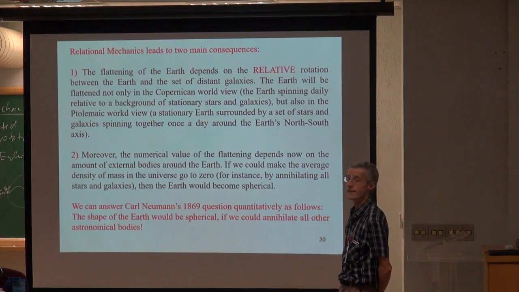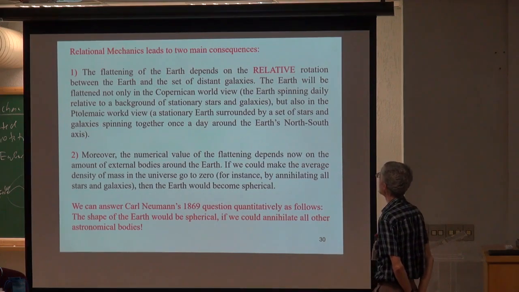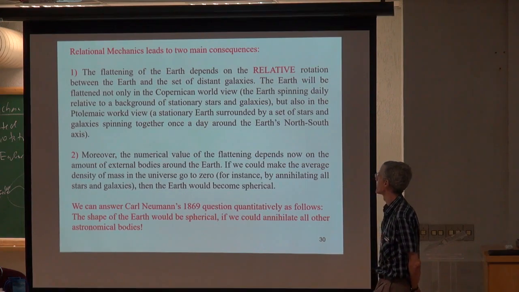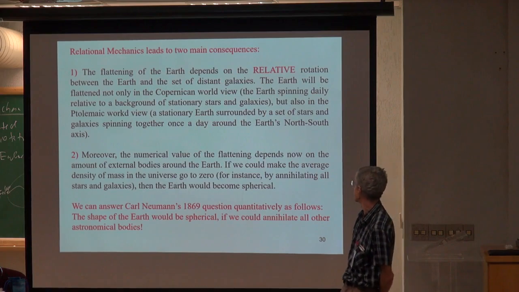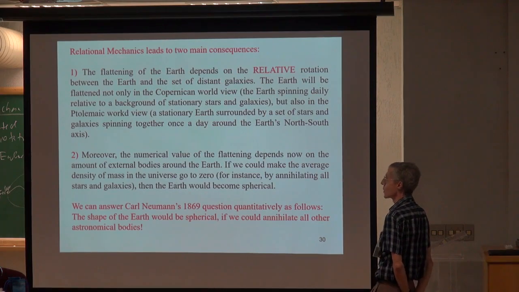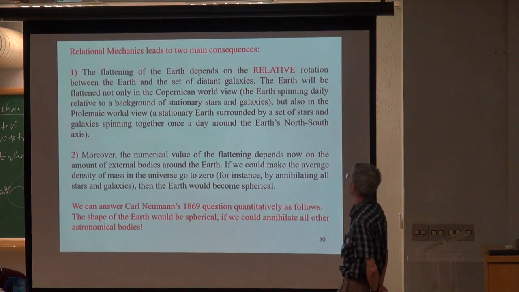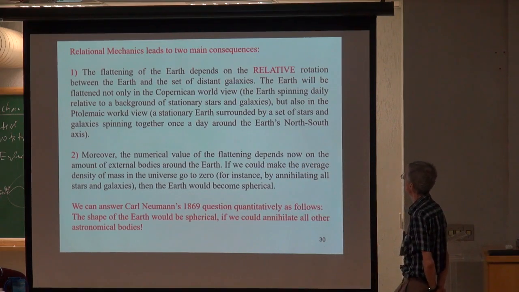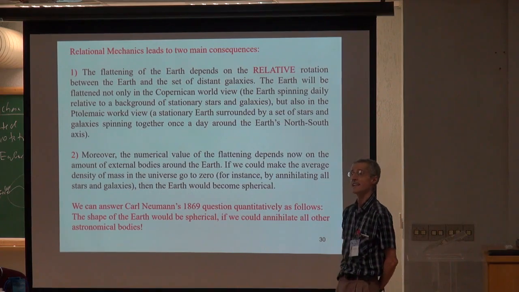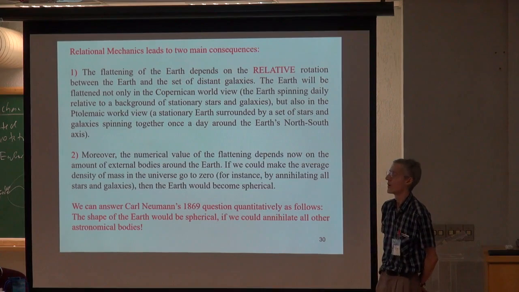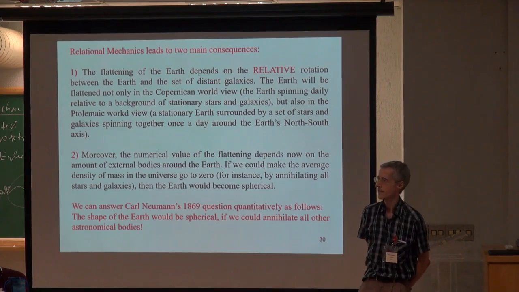not only in the Copernican worldview, the Earth spinning daily relative to a background of stationary stars and galaxies, but also in the Ptolemaic worldview, a stationary Earth surrounded by a set of stars and galaxies spinning together once a day around the Earth's north-south axis.